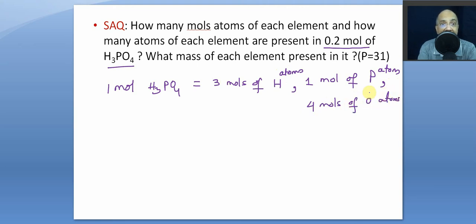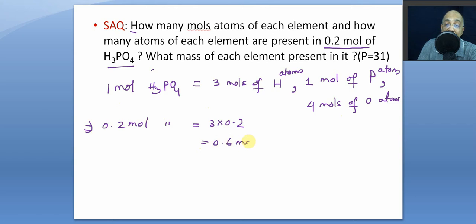Right? You understand? If one molecule contains 3, 1, 4, then 1 mole contains 3 moles, 1 mole, 4 moles. So if 1 mole has this, then 0.2 mole in the given question will contain 3 into 0.2, that is equal to 0.6 mole of hydrogen atoms.